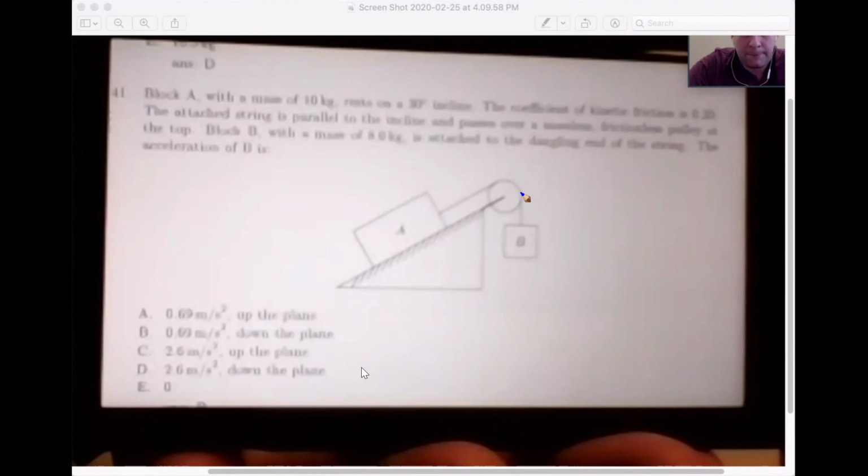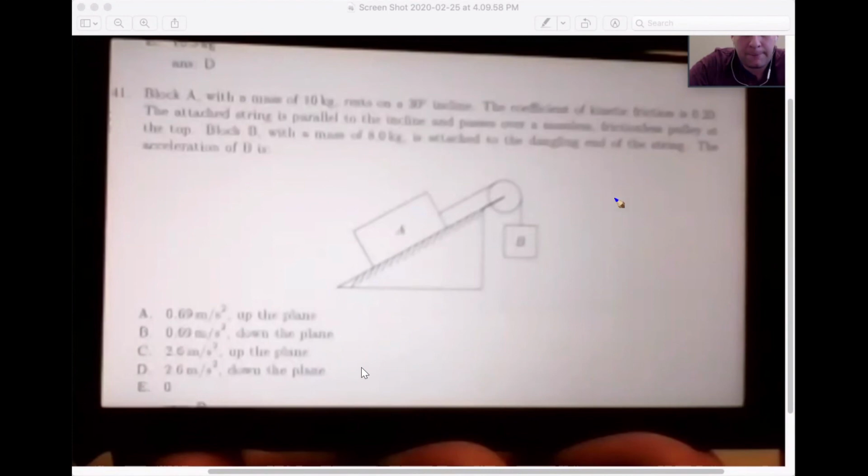Okay, this problem is pretty similar to the ones we discussed on the Thursday before your break. You basically just need to find the acceleration.